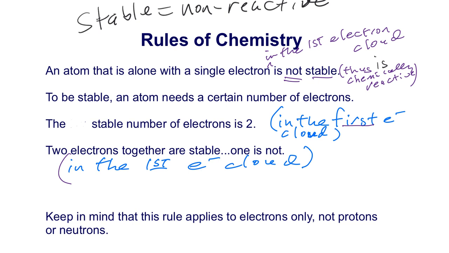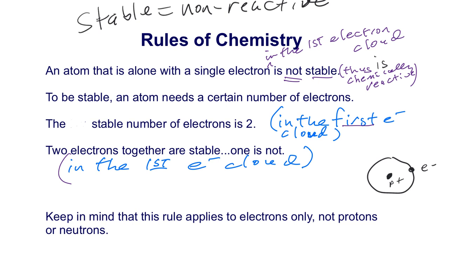So let's talk about simply hydrogen. Hydrogen just has one shell, right? One proton or maybe a neutron or two. And the first electron shell will be filled when it has two in it.